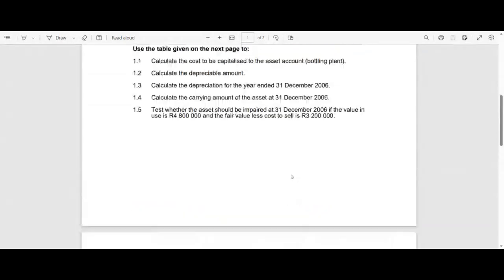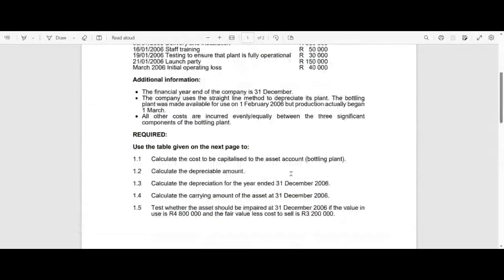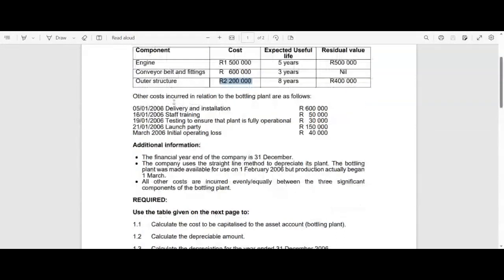But now we've got those possible directly attributable costs that we must go and see. Are we going to write them off as an expense, or are we going to capitalize them as part of the cost of the asset? So let us go through them one by one. First of all, ladies and gentlemen, they say on the 5th of January 2006, we had these expenses.